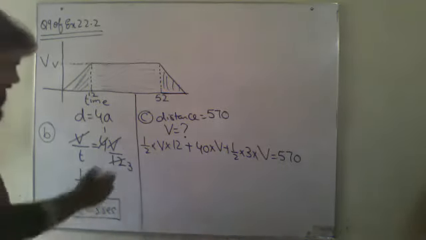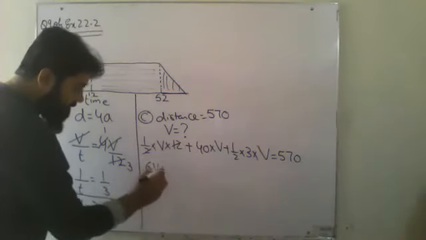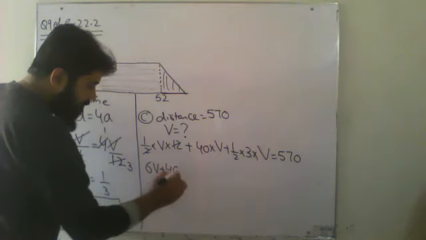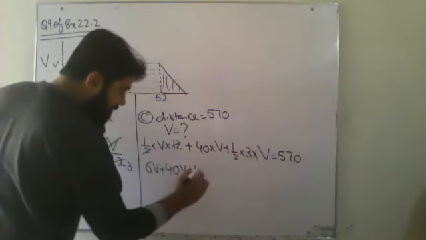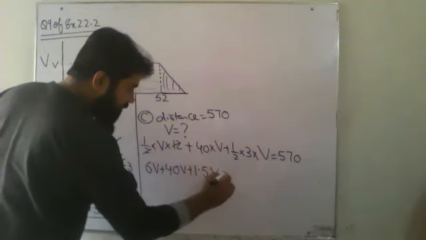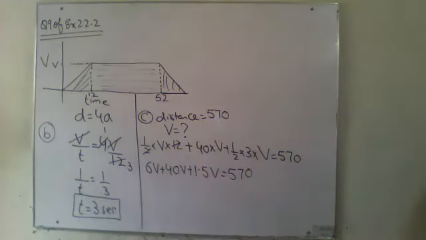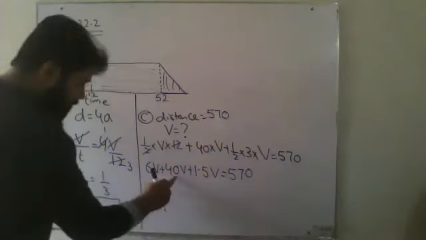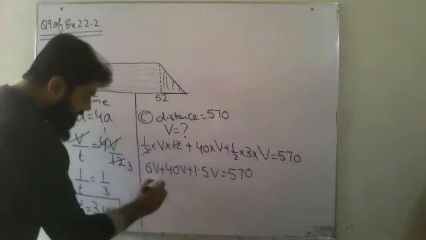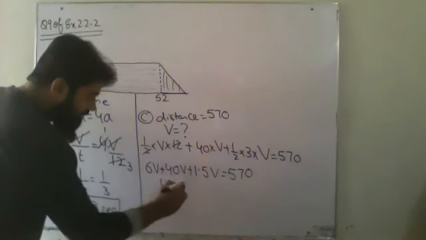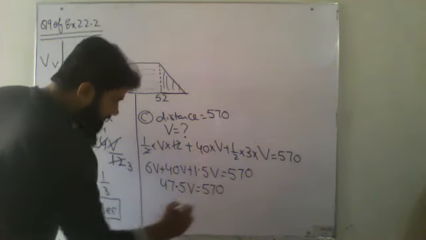Simplifying it, this and this will be cancelled. 6V plus 40V plus 3 divided by 2 will be 1.5V equals 570. So 40 plus 6 is 46, plus 1.5 is 47.5. 47.5V equals 570.